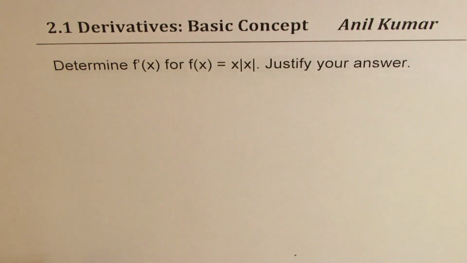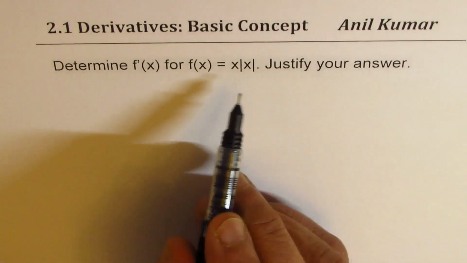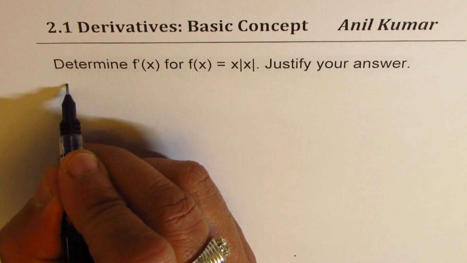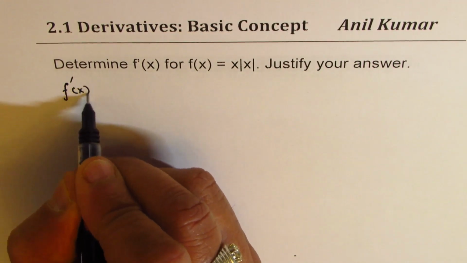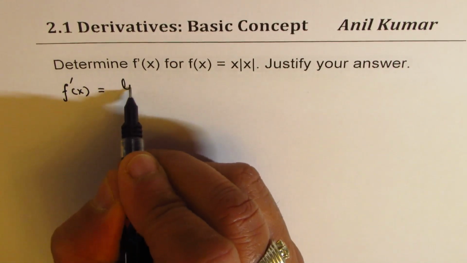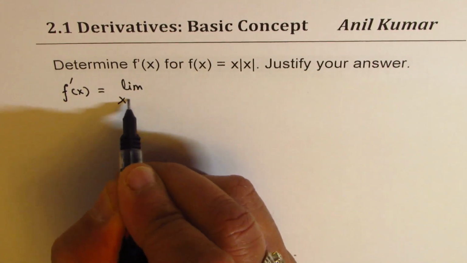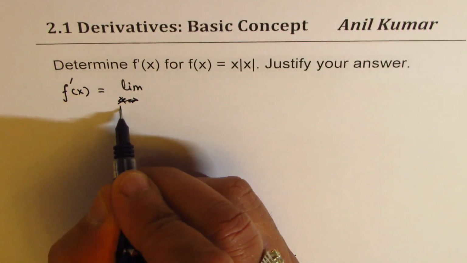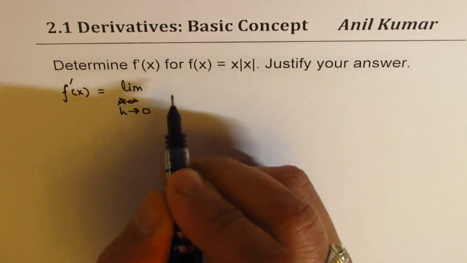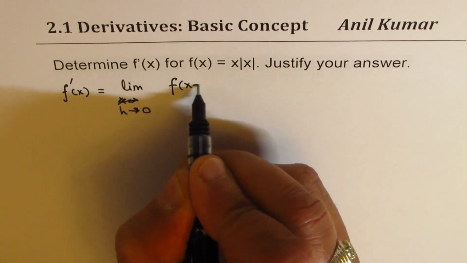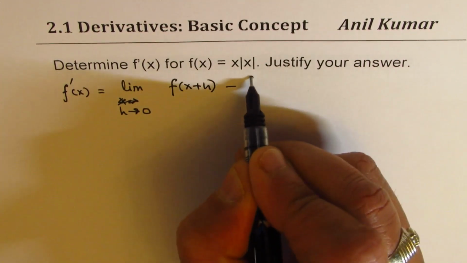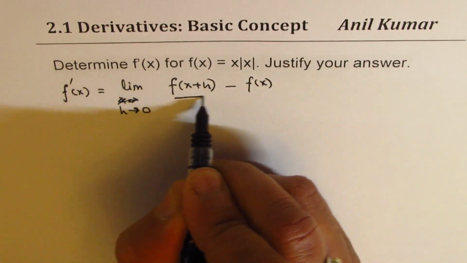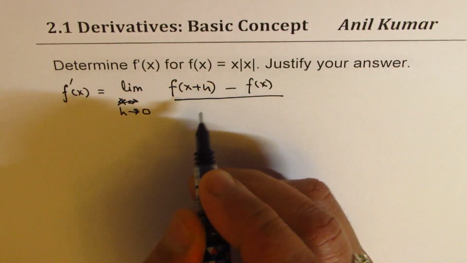So we'll use the basic definition of derivatives to get the result, right? So we say that the derivative of a function f of x in general, we're not taking a particular point, is the limit when h approaches 0 of f of x plus h minus f of x over, it's kind of rate of change.